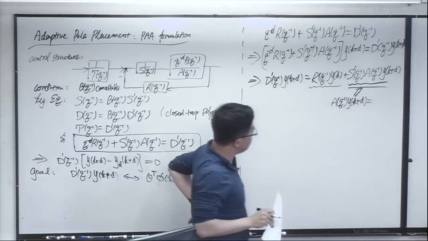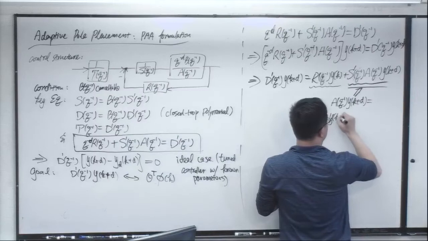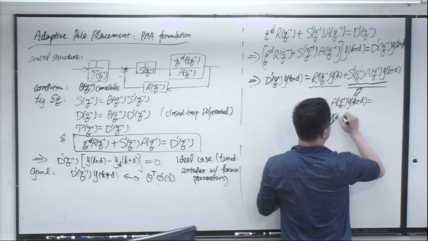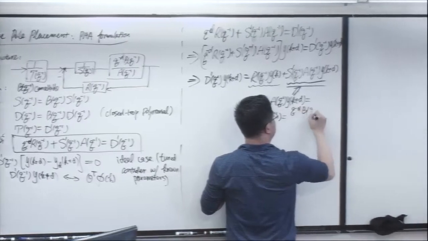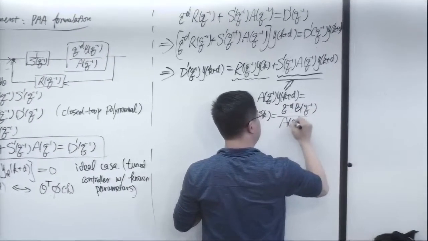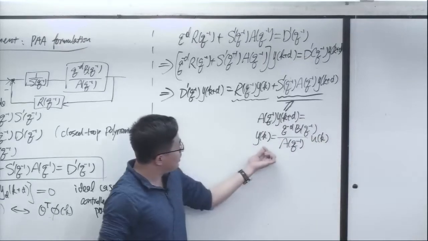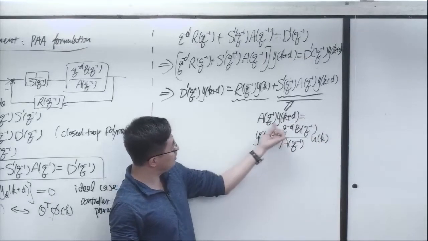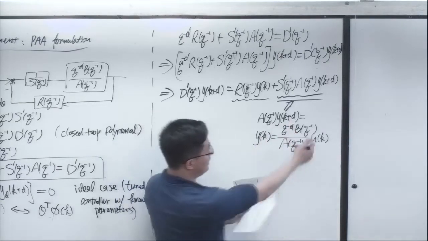This looks so familiar to us because remember our plant model. Our plant model will give us AQ inverse, and then we can create this plus D easily as well.